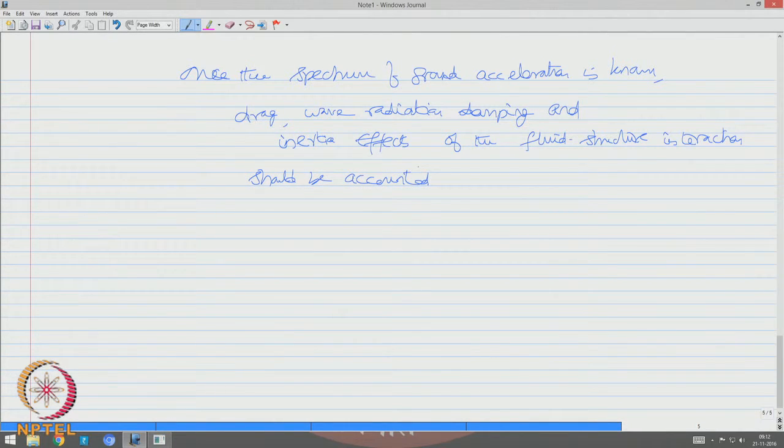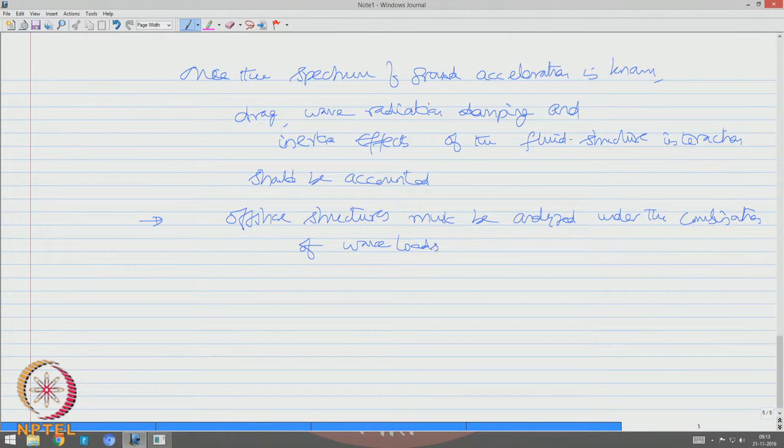On the other hand, the basic idea is offshore structures must be analyzed under the combination of wave loads and seismic loads. That is a very important statement we have.